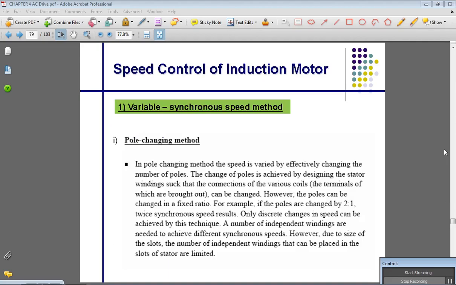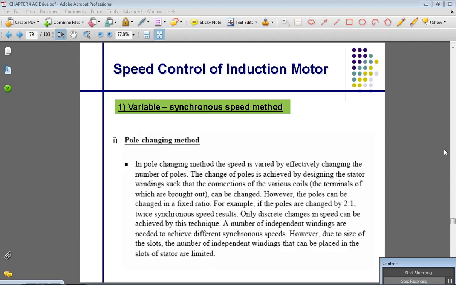Now let's go into detail on how to change the synchronous speed. Approach number one: the pole changing method. In this method, the speed is varied by effectively changing the number of poles. The change of poles is achieved by designing the stator winding such that the connections of the various coils, the terminals of which are brought out, can be changed.